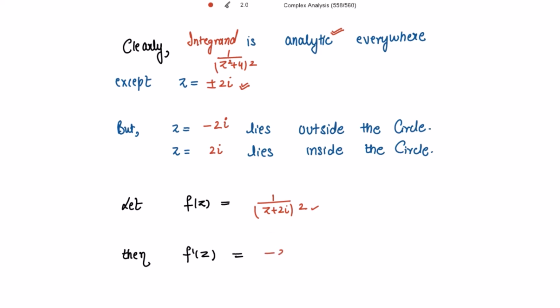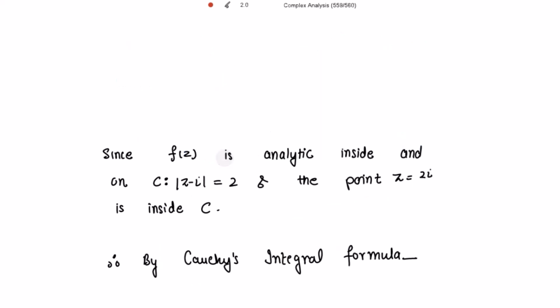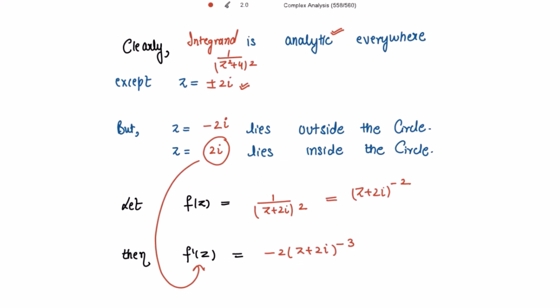So it is minus 2 (z plus 2 iota) to the power minus 3. It can also be written as (z plus 2 iota) to the power minus 2. Because the point 2 iota lies inside the circle, we also need its first derivative at z equal to 2 iota. So at z equal to 2 iota, what is the derivative? Just put z equal to 2 iota over here.